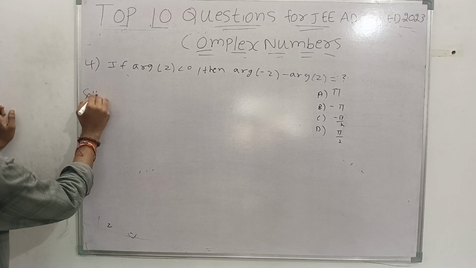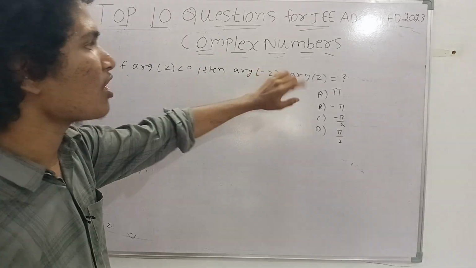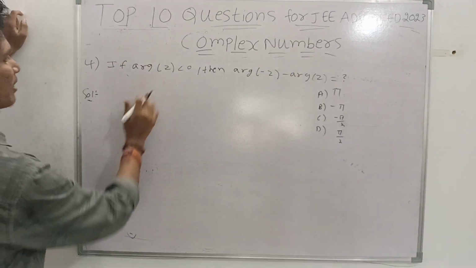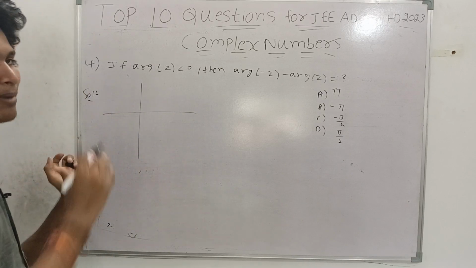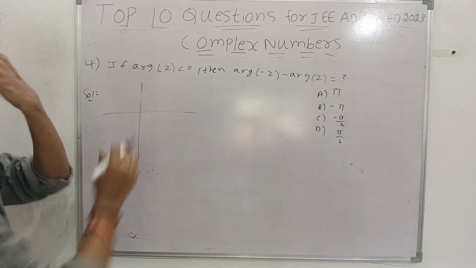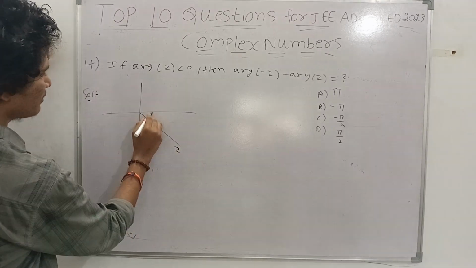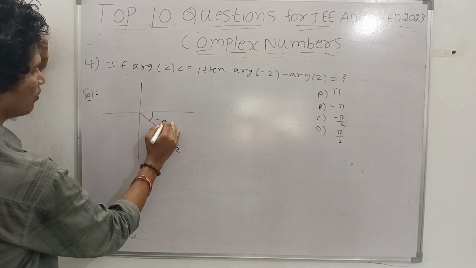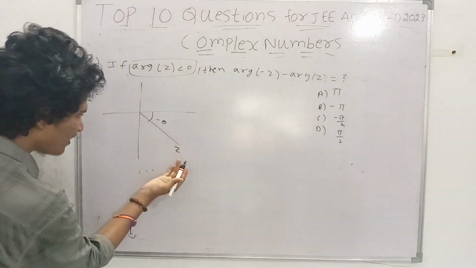Solution. If argument of z is less than 0, then what is argument of minus z minus argument of z? Argument of z is negative, they are saying. So what is the argument? It is the angle made with the positive axis. So if the argument is negative, it should lie here. So this is z, and this is minus theta. This is why they gave the argument as negative.